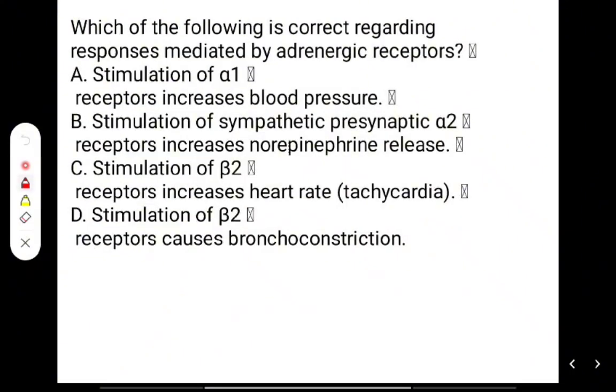Okay, which of the following is correct regarding responses mediated by adrenergic receptors? Stimulation of alpha 1 receptors will increase BP? Yes. Stimulation of sympathetic presynaptic alpha 2 receptors will increase norepinephrine release? No. Stimulation of alpha 2 receptor on the sympathetic presynaptic terminal will reduce the release of norepinephrine.